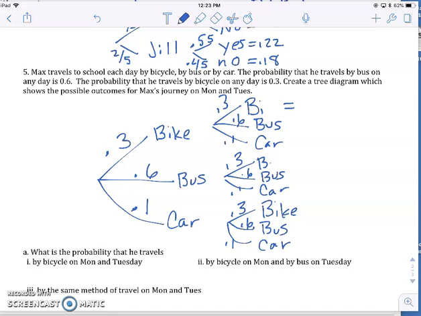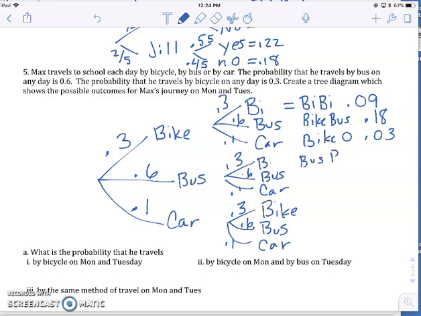So this would be bike, bike, which would be 0.09. Bike, bus, 0.18. Bike, car, 0.03. Bus, bike, 0.18.